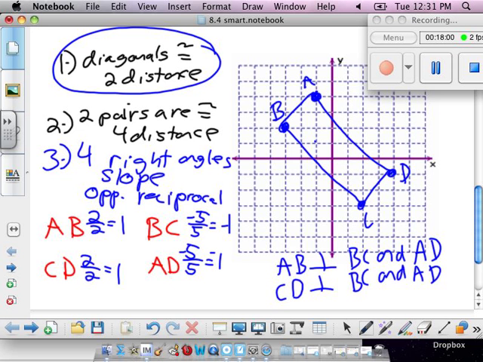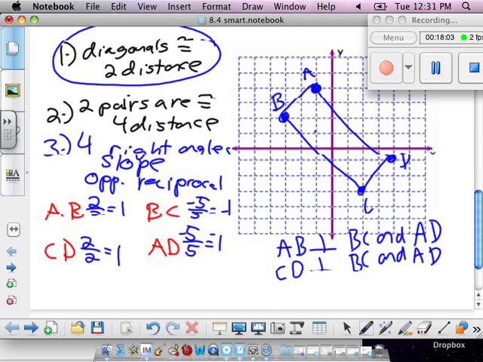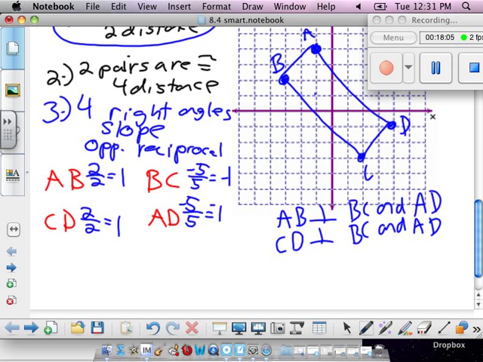Which sides are parallel to each other? BC and AD are parallel. And which other two are parallel? AB is parallel to CD. Okay, so we've proved opposite sides are parallel. What have we proved so far that this is?